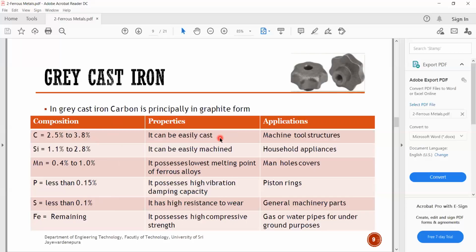Then you can use this kind of material for machine tool structure applications, right? With silicon at this amount, it can be easily machined, so you can use it for household appliances. So according to the percentage of these materials available, the properties of grey cast iron vary. Then according to that, you can use grey cast iron for different applications, right?